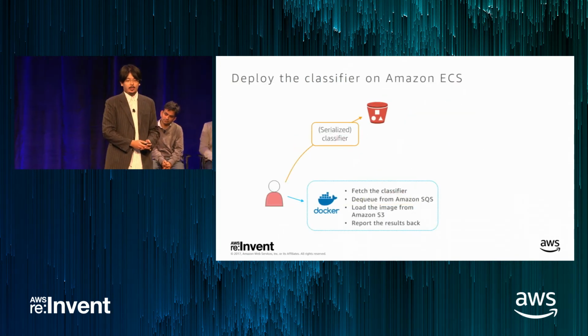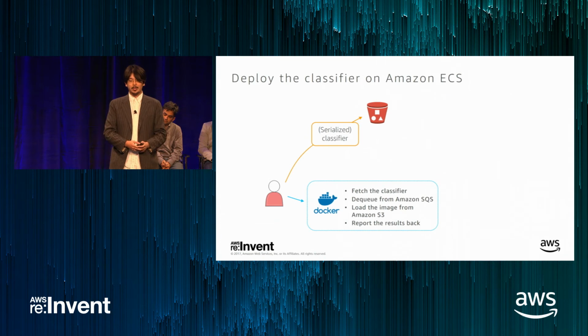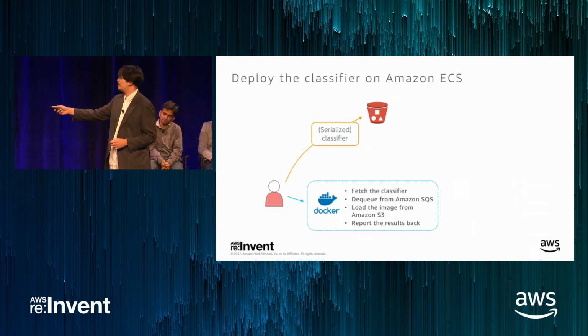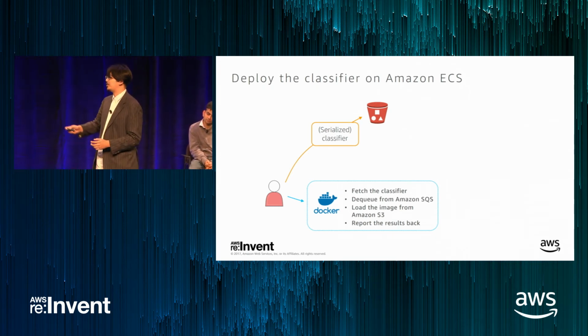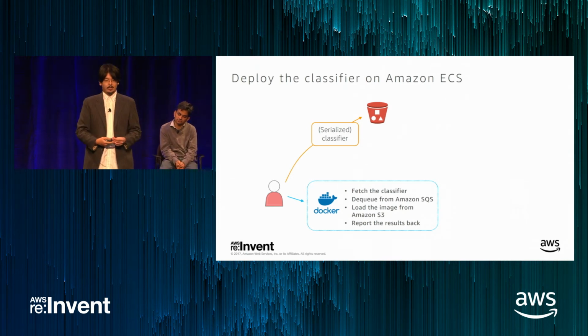So what we need to develop is basically two things to make the whole system work: the classifier, of course, and the Docker image, which does the procedure I explained.